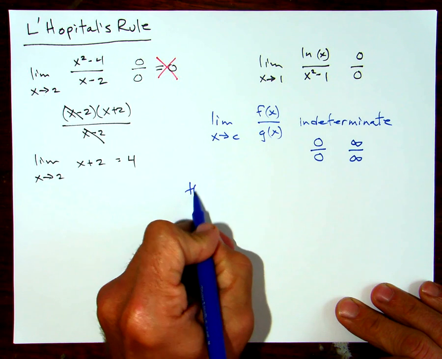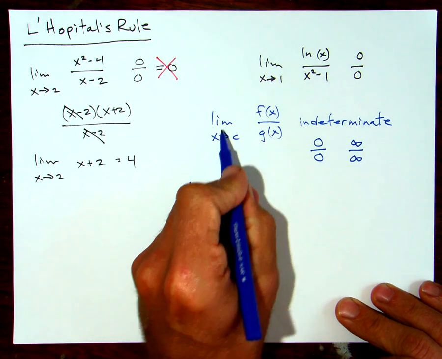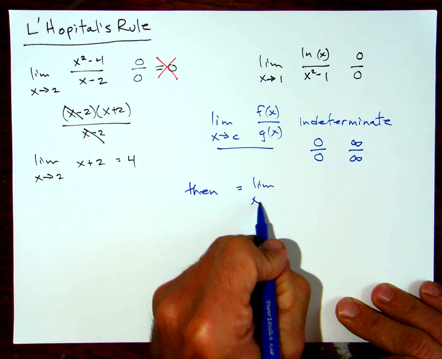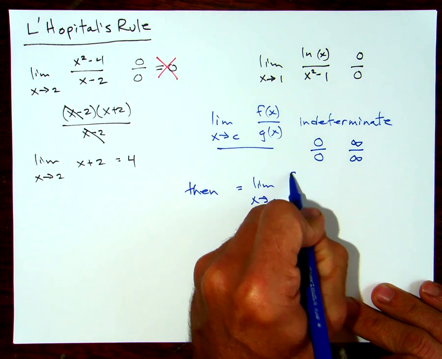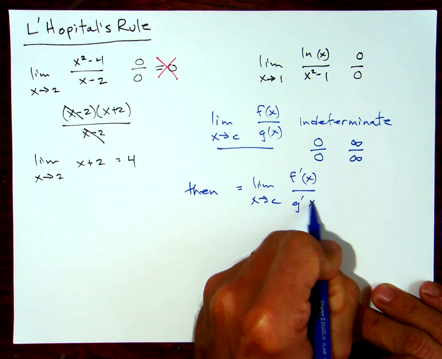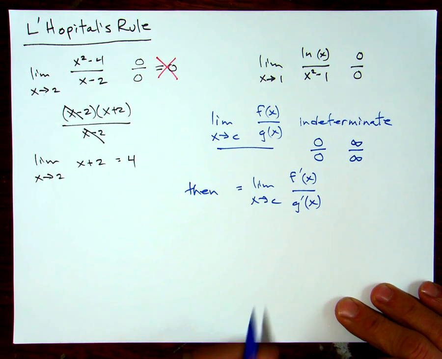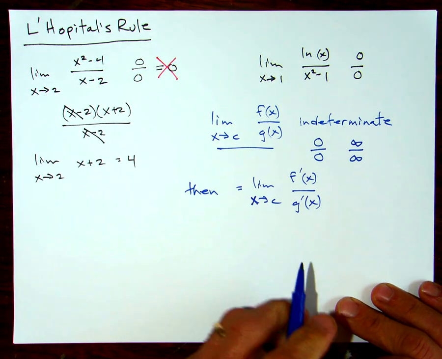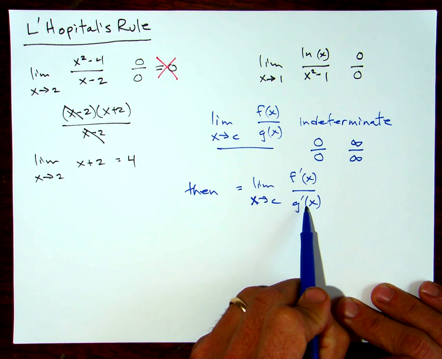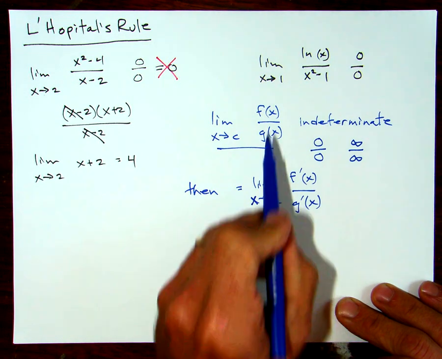Then this limit equals the limit as x approaches c of the derivative of the numerator over the derivative of the denominator. In other words, the limit of the ratio of the derivatives will equal the limit of the ratio of the functions.